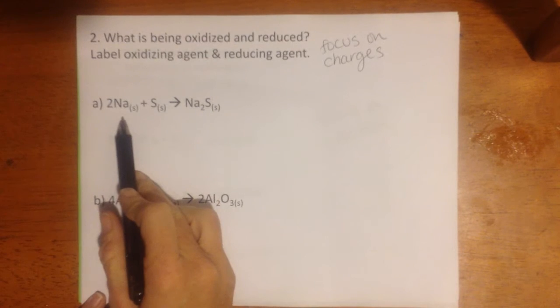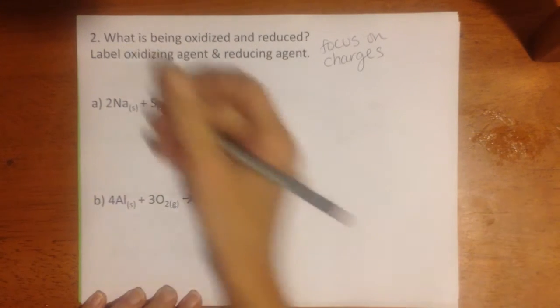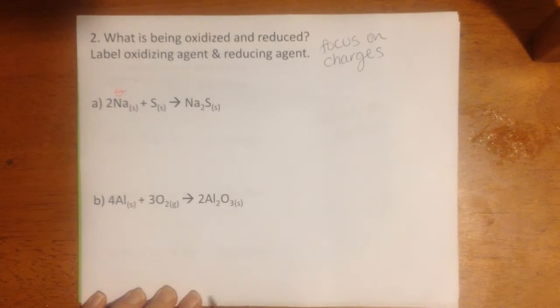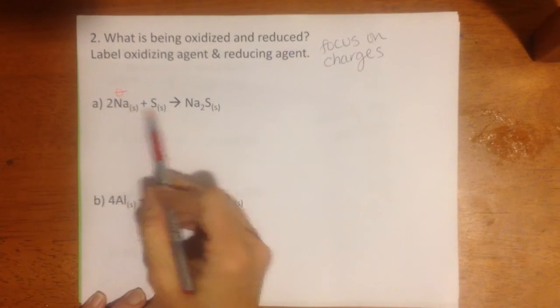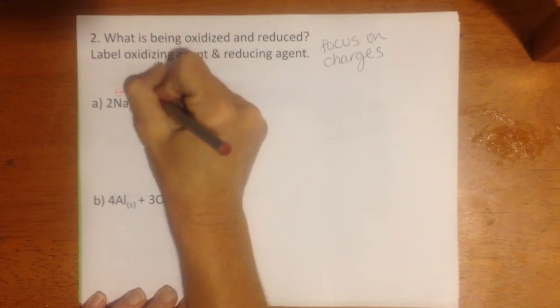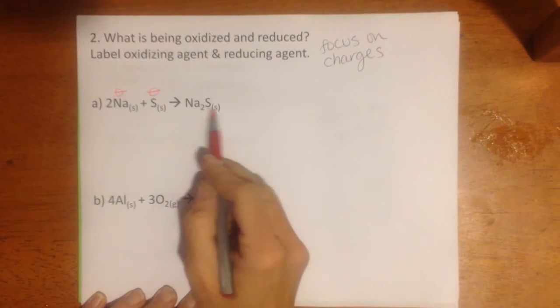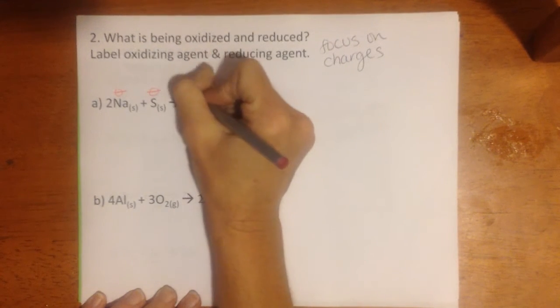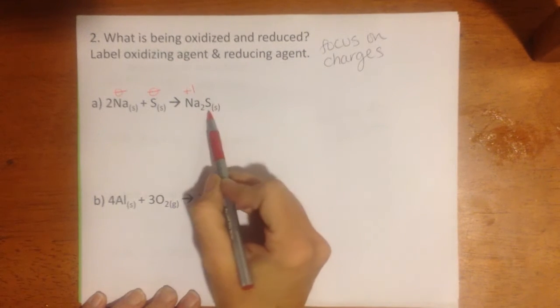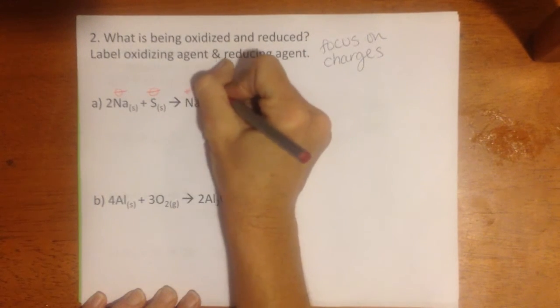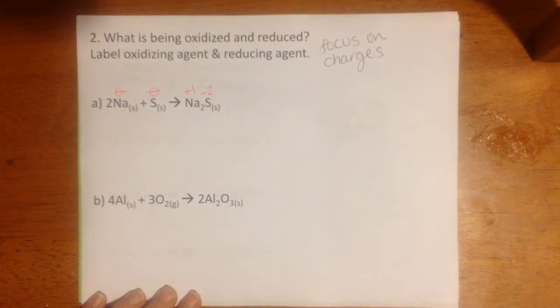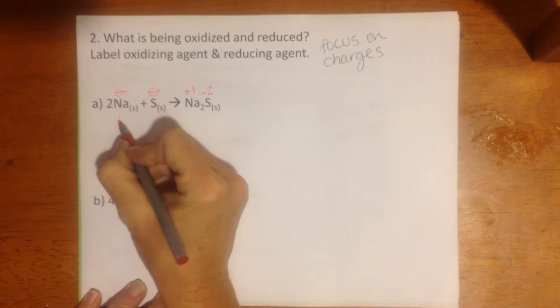Sodium by itself has a charge of 0, and you know this, it's neutral. Sulfur by itself has a charge of 0. Reviewing, when we put it together to make the compound, sodium's in the +1 column, and sulfur is in the -2 column.